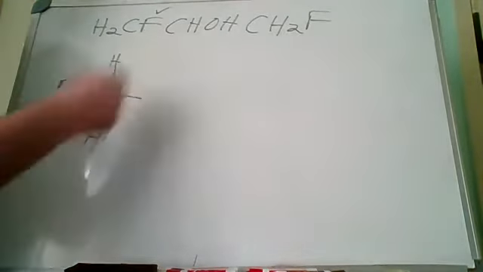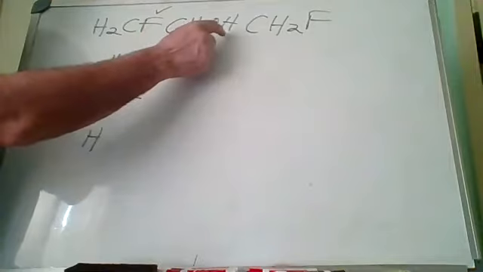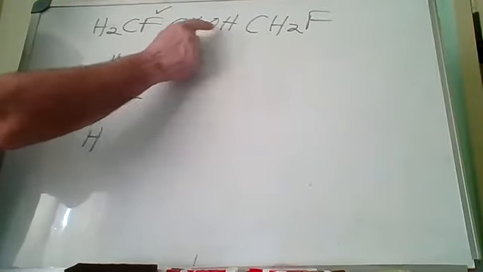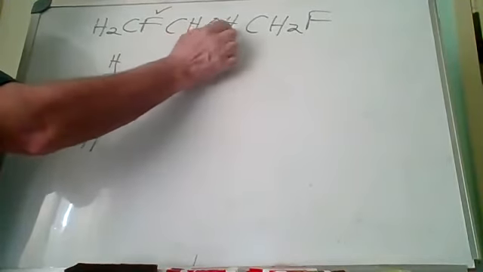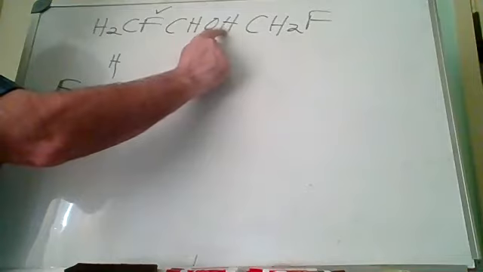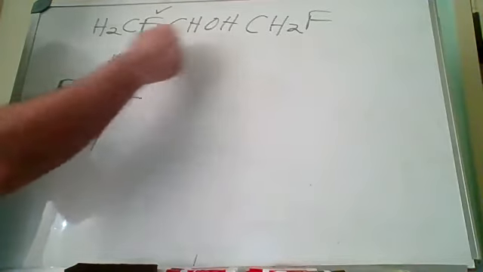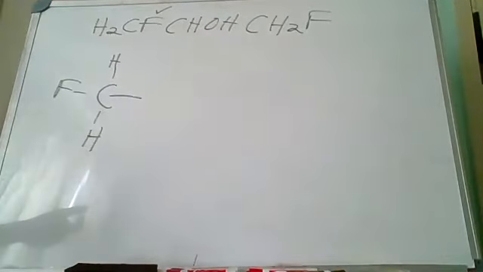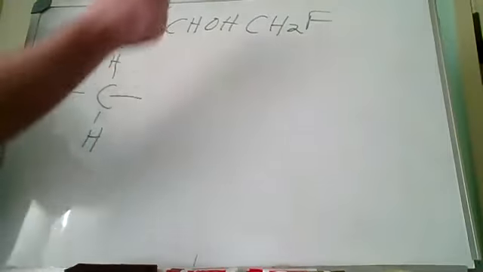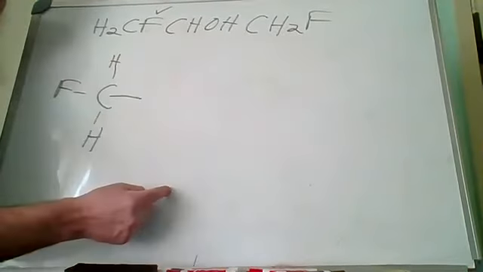Now here I have CHOH. If you remember what I just said a moment ago, an alcohol can only make one bond, because oxygen makes two bonds. One of them is taken up by this alcohol hydrogen atom. So it can only make one other bond. If it can only make one other bond, it's got to go top or bottom.